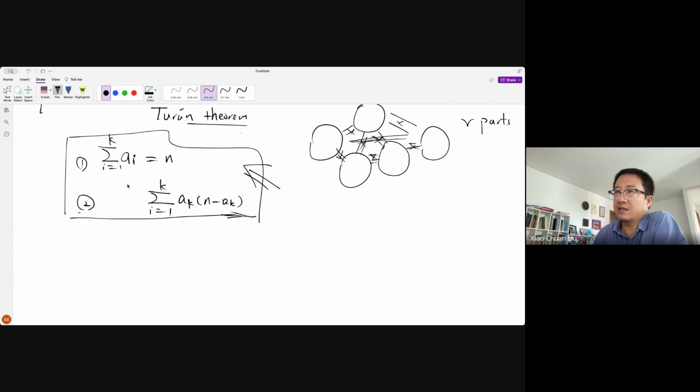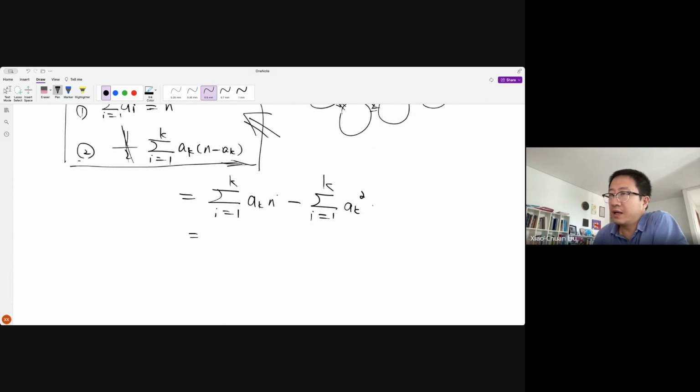So this is just a constant. I mean, this doesn't matter if you want to maximize this. So if you forget this coefficient, it is the sum from i equals 1 to k of ai times n, minus the sum of ai squared, right? And here, what do you got? Here is n, and this sum is n again, so it's n squared minus the sum of ai squared.